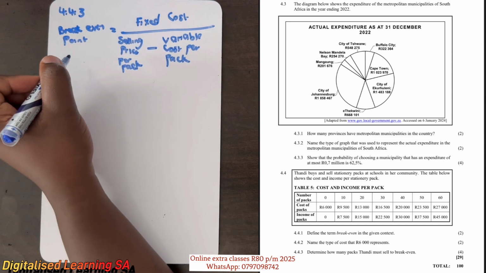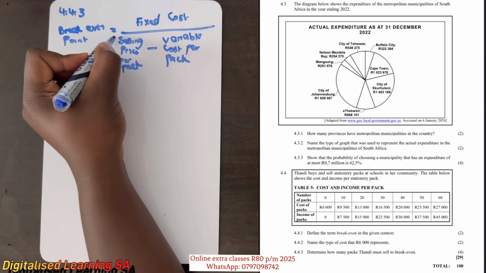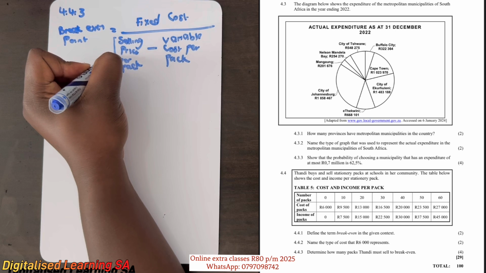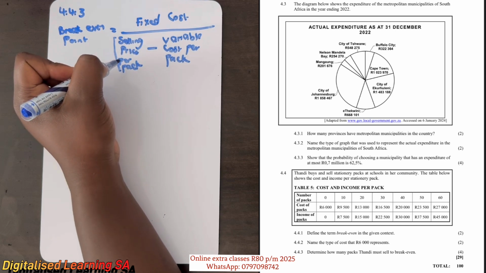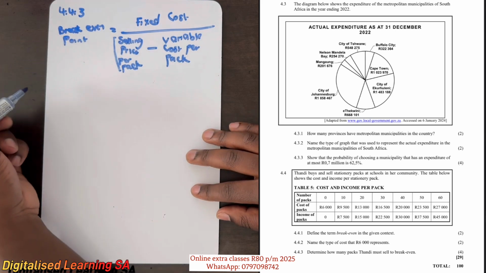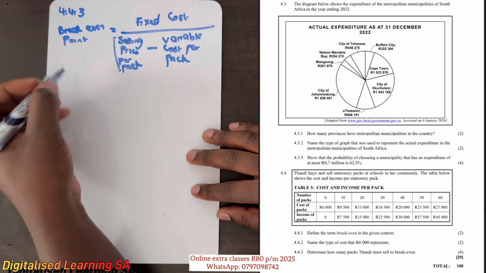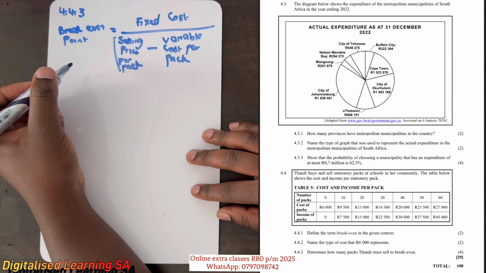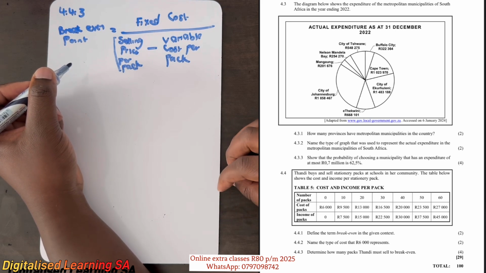Okay, so now we need to find the selling price per pack. We know that if the number of packs is 10, the cost of packs will be 9,500 and the income of packs will be 7,500.